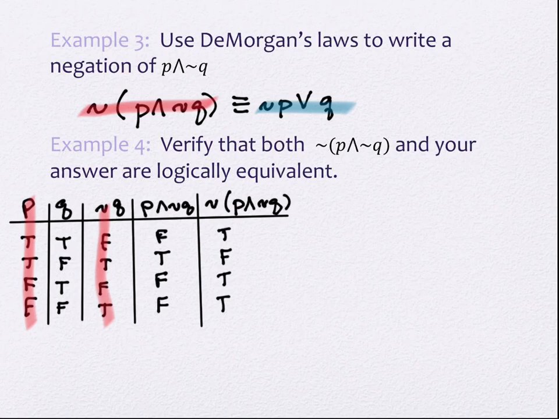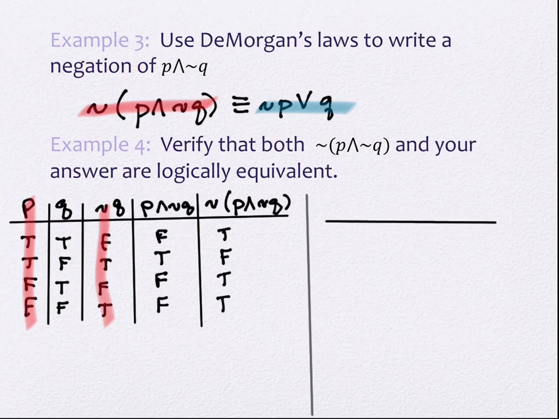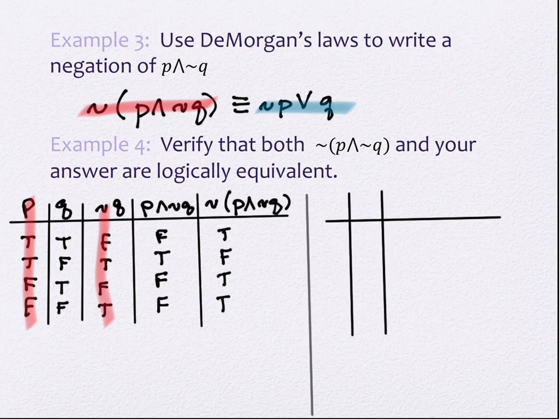You could continue within the same truth table, but I want to make it really clear that what we're really doing is separating these 2 arguments by looking at their individual truth tables. So I'm going to go with it being a separate truth table. It will still have a column for P and Q like we had before. However, I don't have tilde Q on this one.